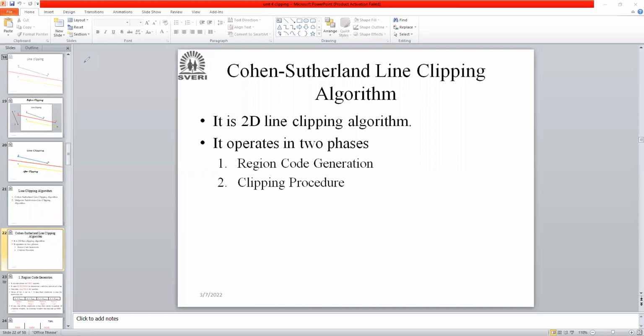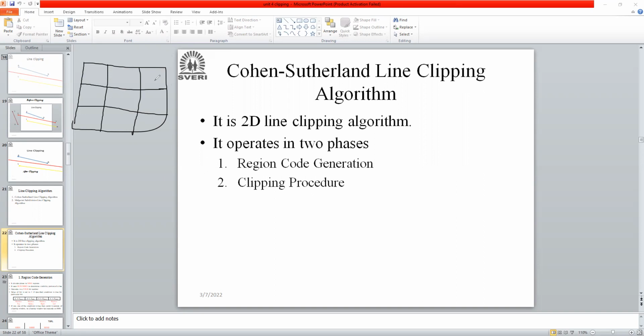I will draw the diagram of the window here. Okay, so this is the whole window. Now this window is divided into 9 parts, and these 9 regions will each have a separate 4-bit code. So in total 9 areas are there, and I will have a 4-bit code for those 9 areas.